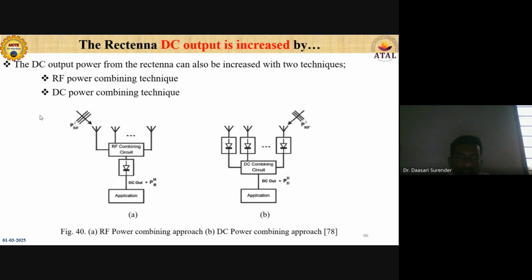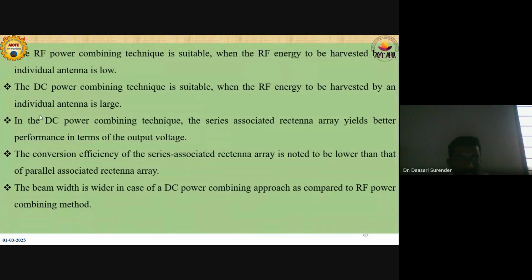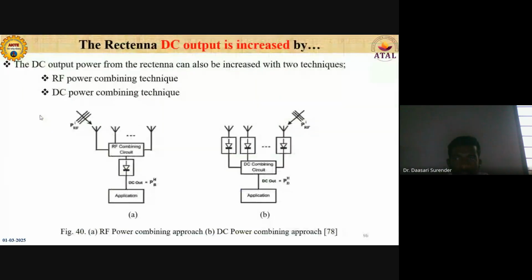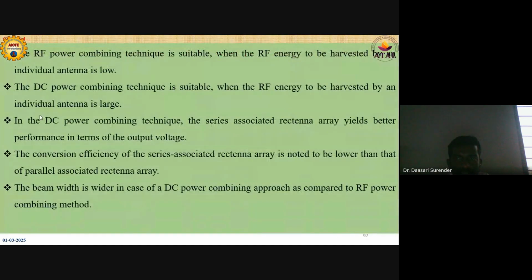Here, this is the RF combining circuit and DC combining circuit. The RF power combining approach is suitable when RF energy is to be harvested and the energy harvested by an individual antenna is low.